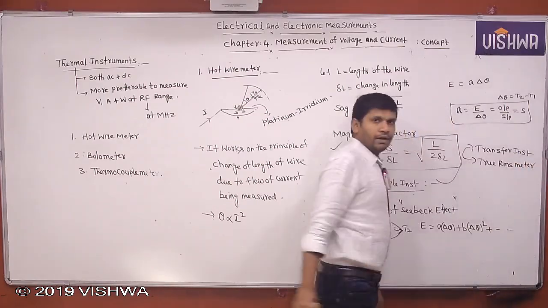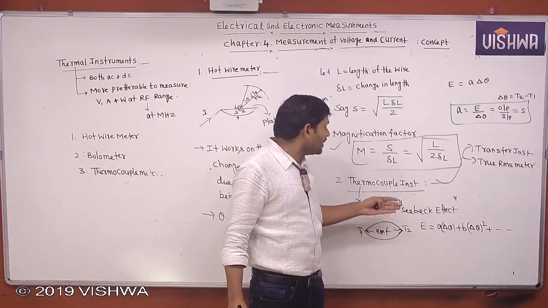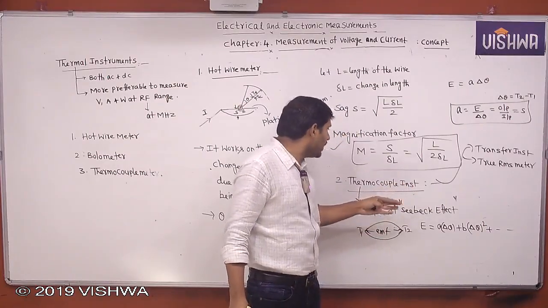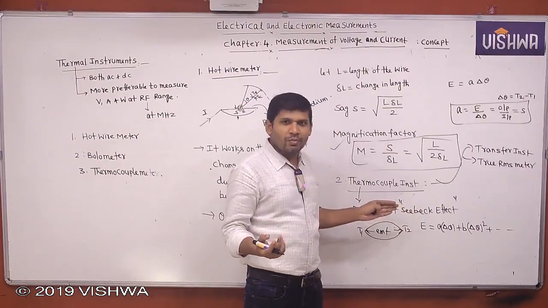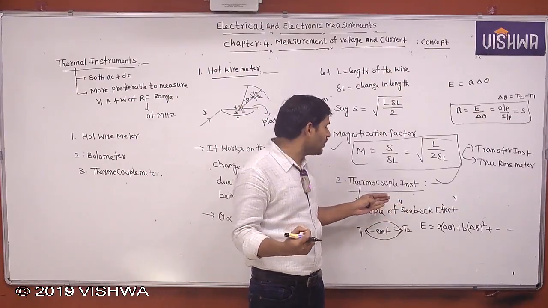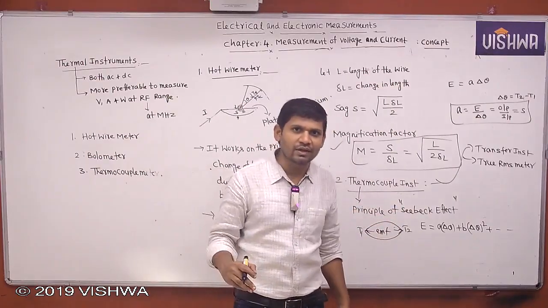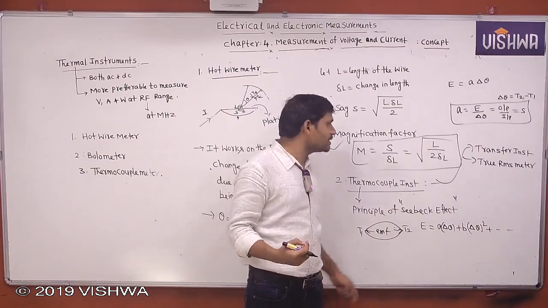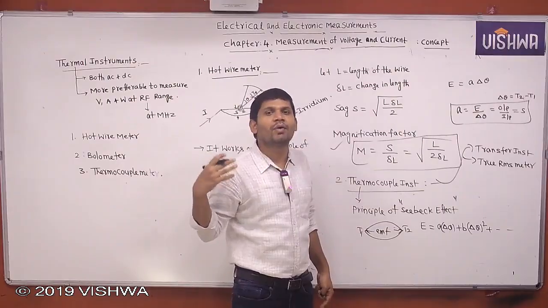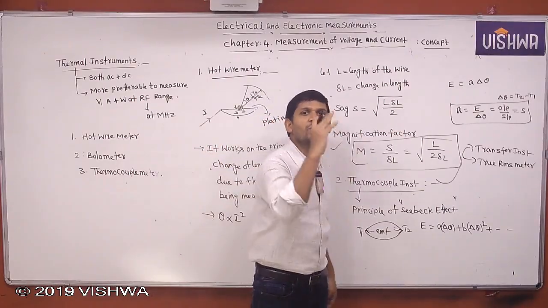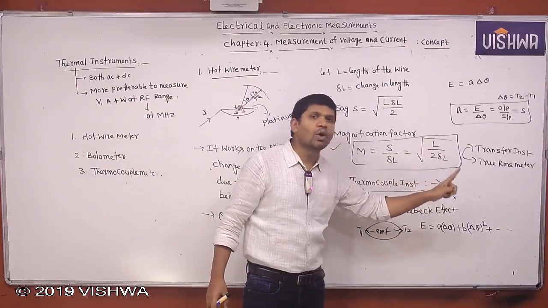Because it is a true RMS meter and transfer instrument, these thermocouple instruments have high accuracy also, but they have less overload capacity. That is the only drawback. All the remaining are advantages. These instruments are used at RF range to measure voltage, current and power at high frequency. Thermocouple instruments are more preferable. The special application is as a transfer instrument, and it is a true RMS meter.